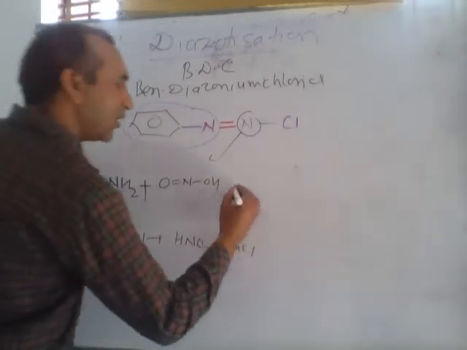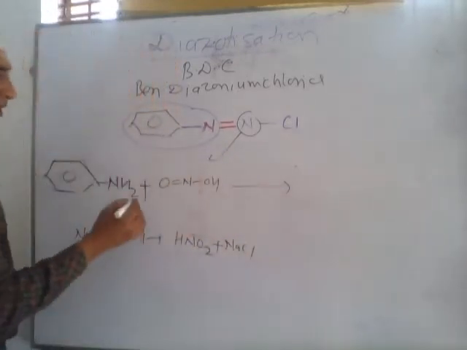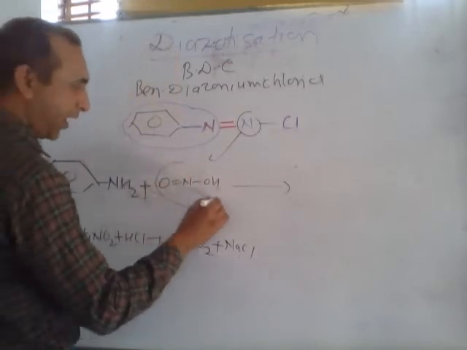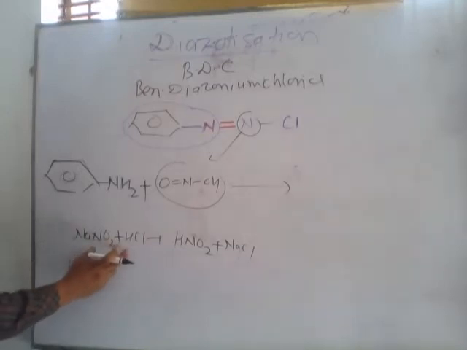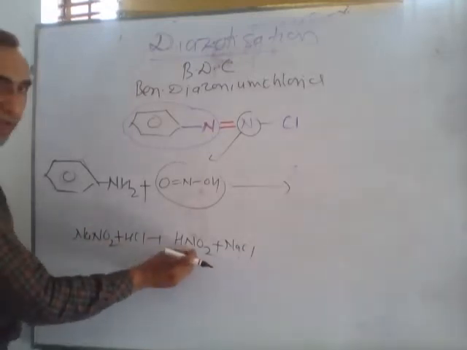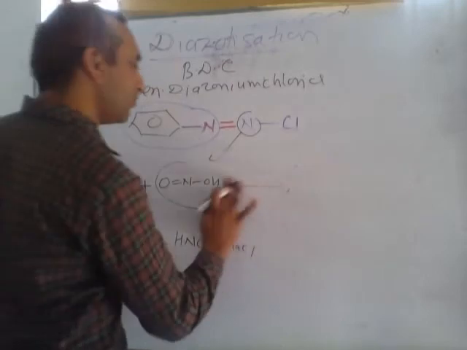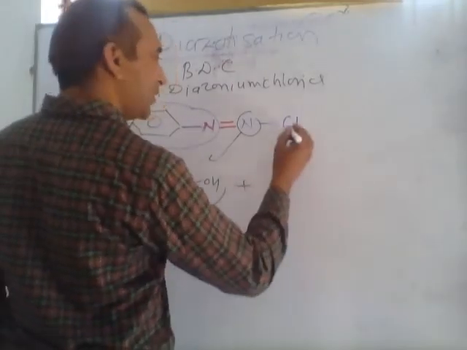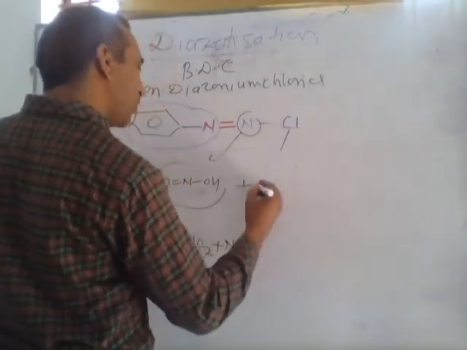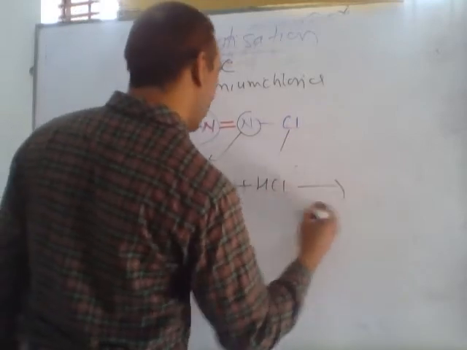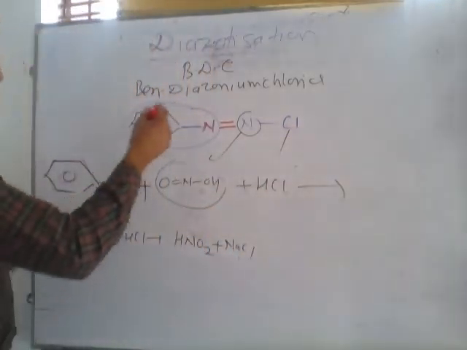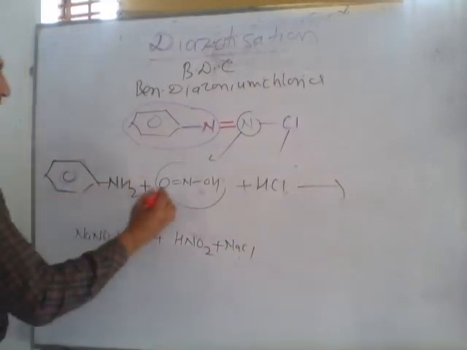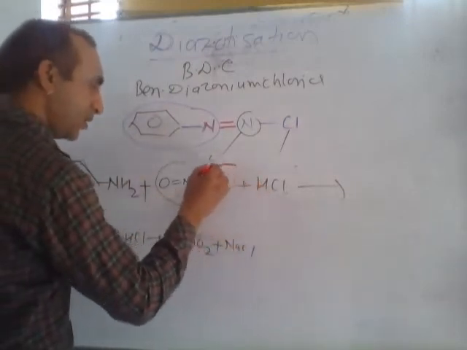So in exams, sometimes they ask, instead of nitrous acid, they can write a mixture of these two, because these two reactants are used to prepare nitrous acid. And this H and this chlorine come from HCl. So these three compounds are used to prepare BDC: aniline, nitrous acid and HCl.